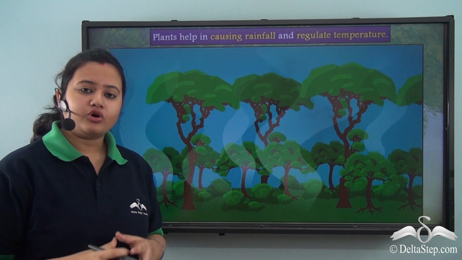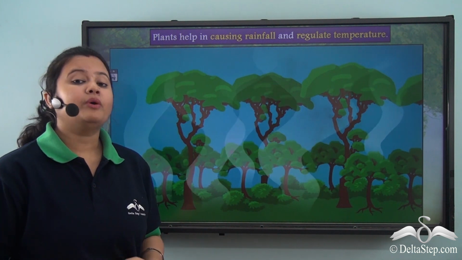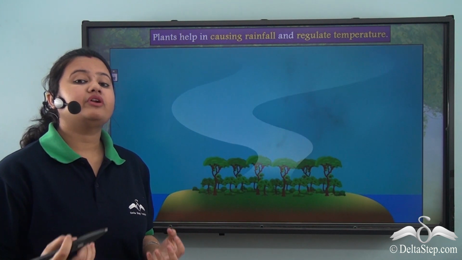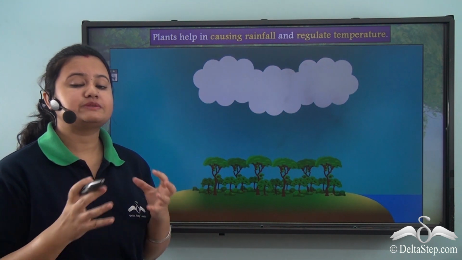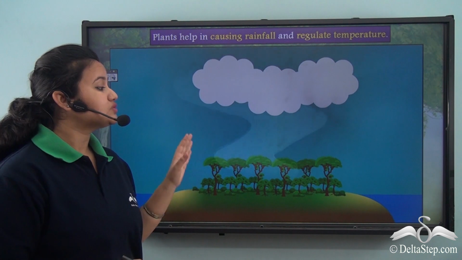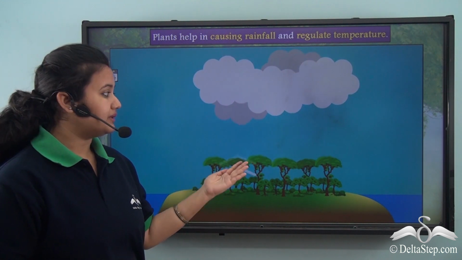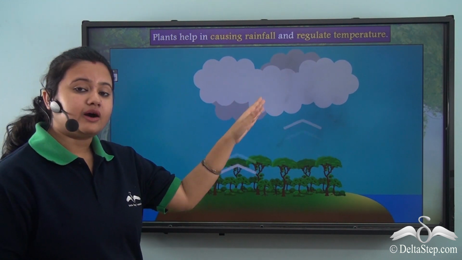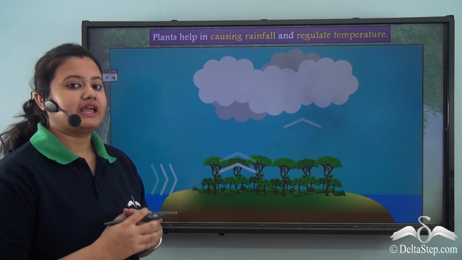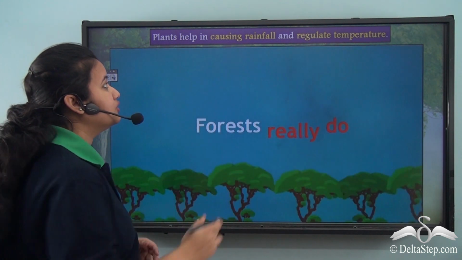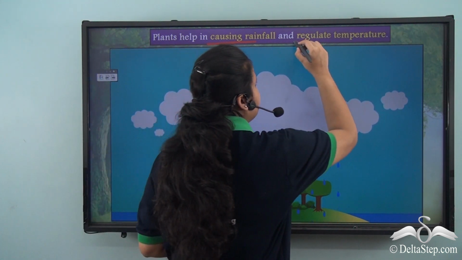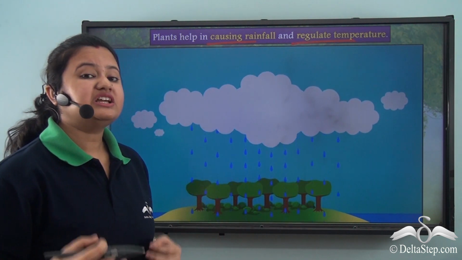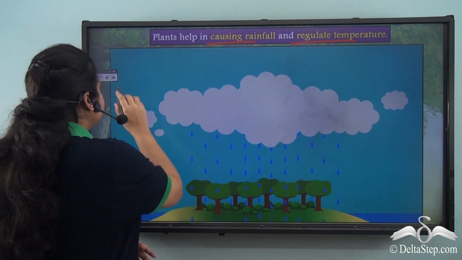Now apart from oxygen, plants also eliminate water vapor or moisture through leaves by the process of transpiration. This water vapor eliminated by the plants eventually forms clouds and causes rain. Thus plants help in causing rainfall and this in turn regulates global temperature by causing a cooling effect.